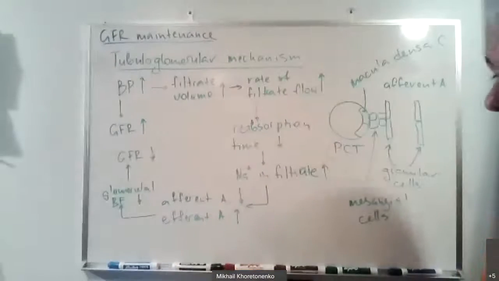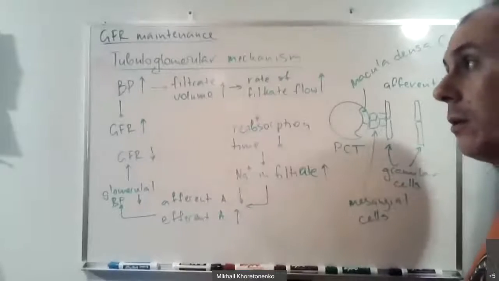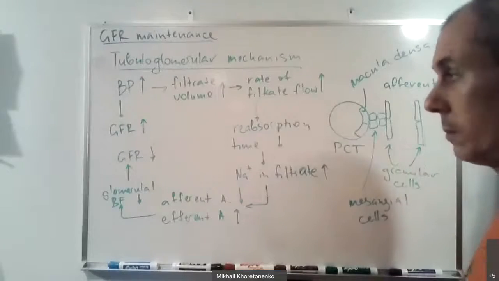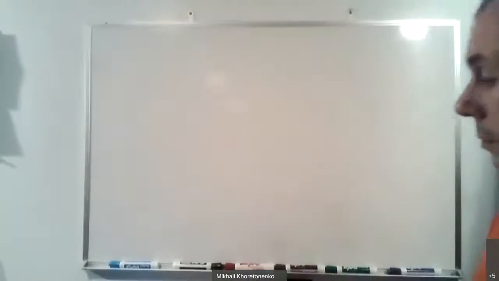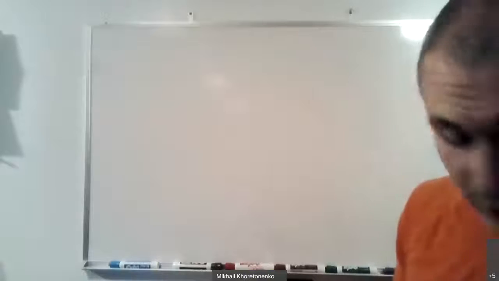that I wanted to illustrate is the concept of transport maximum and renal clearance. So first, let's talk about transport maximum. I'm still kind of struggling with how to explain it in a graphic way better.